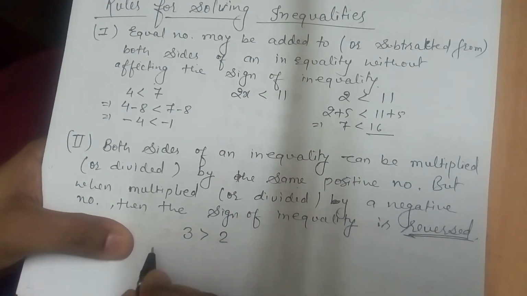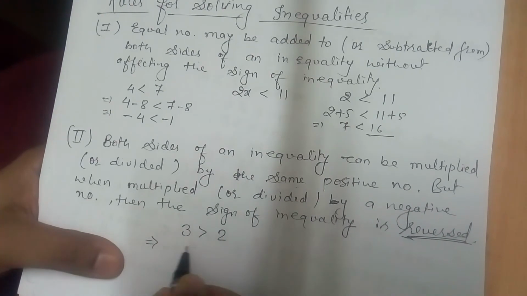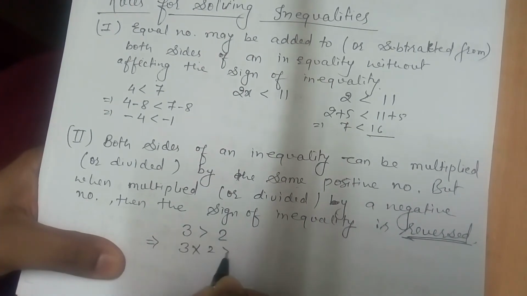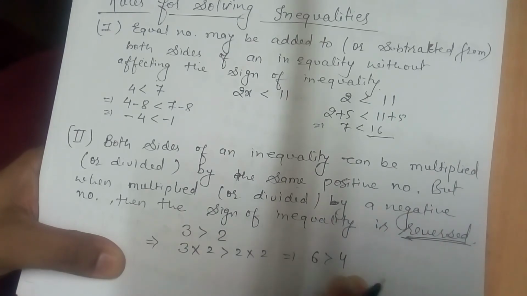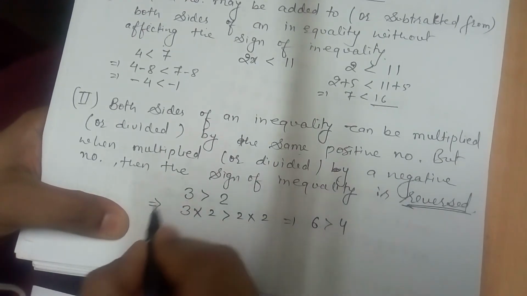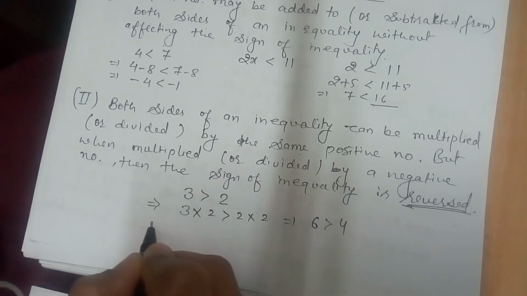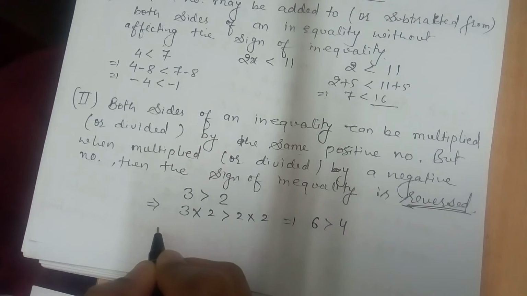If we multiply both sides by a positive number, let it be 2, then we get 6 is greater than 4, which is true. Or if we divide by a positive number, in that case also there will be no change in the sign of inequality.